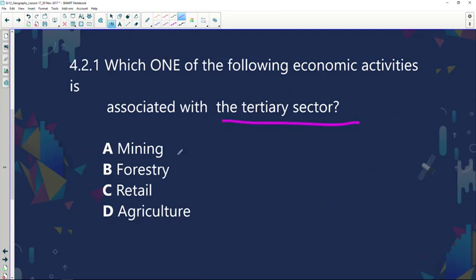Mining is definitely primary, as well as forestry and agriculture. It's raw material. A tertiary activity that provides a service is retail, so the correct answer is C. Retail is shopping, for example Edgars, Foschini or Pick n Pay.